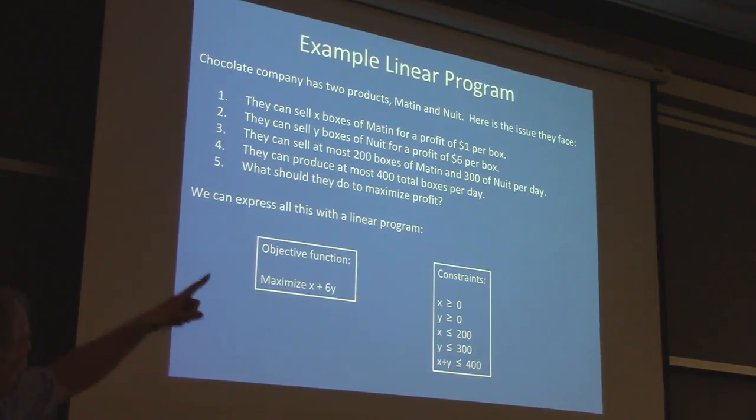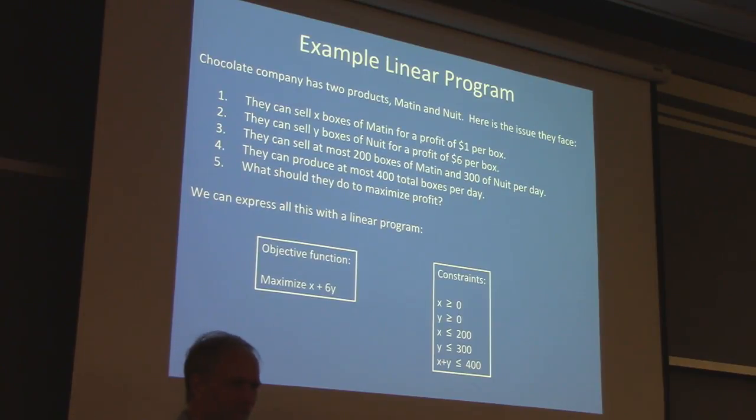They've got an upper limit on each type of candy they can sell. They know their market. And they can produce at most 400 total boxes per day. What should they do to maximize profit? It's not too hard to see they ought to make as much of the expensive candy as they can, and then use the rest of the capacity to make the cheaper one.